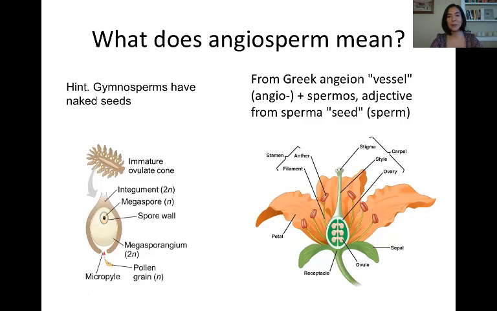Okay, but what does angiosperm mean? For that, I would like to define what gymnosperms mean, and that comes from the Greek. A lot of the words that we use in science come from either the Greek or the Latin. In this case, gymno means naked, and sperm actually means seeds. So gymnosperms have naked seeds.